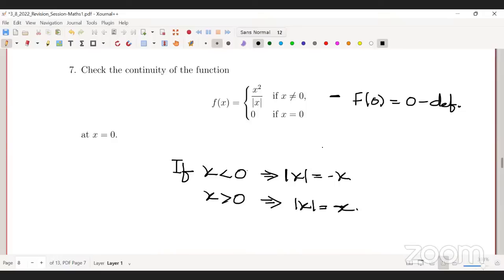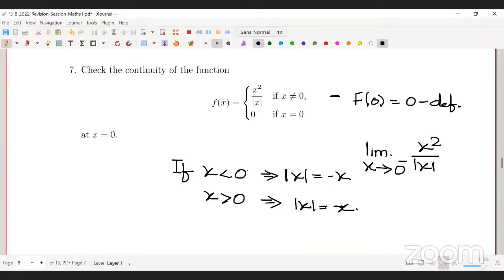My next task is to compute the limit of this function at x equal to 0. For that I first have to take the left hand limit, 0 minus. So f of x will be x square by x minus mod x.